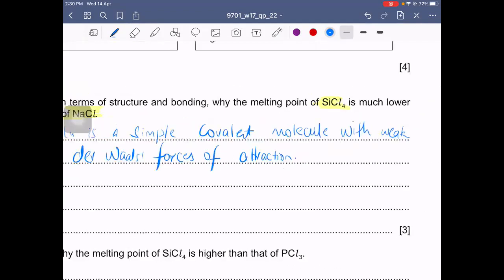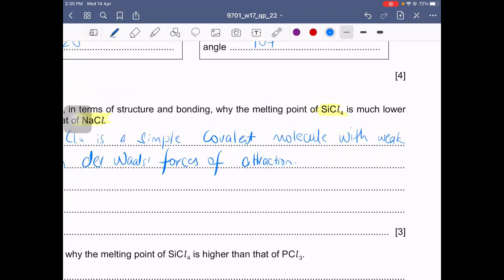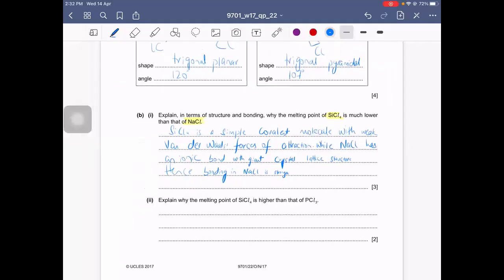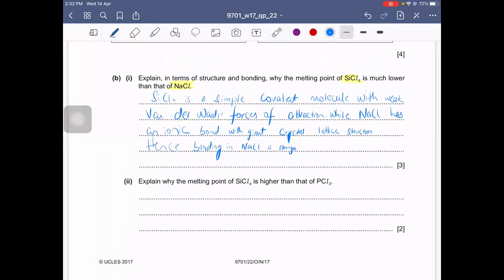Whereas NaCl has an ionic bond with a giant crystal lattice structure. Because NaCl is an ionic bond, it will therefore be a stronger bond than SiCl4.